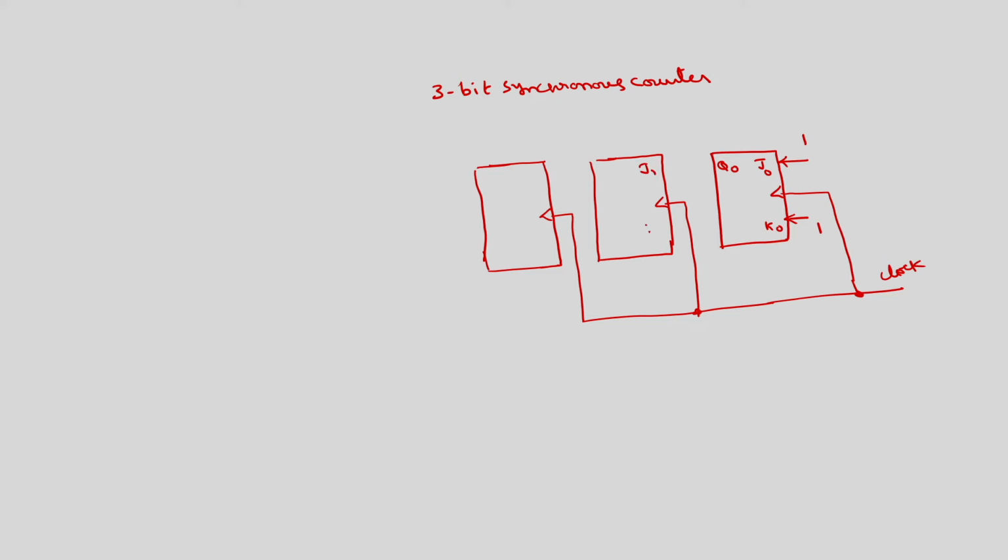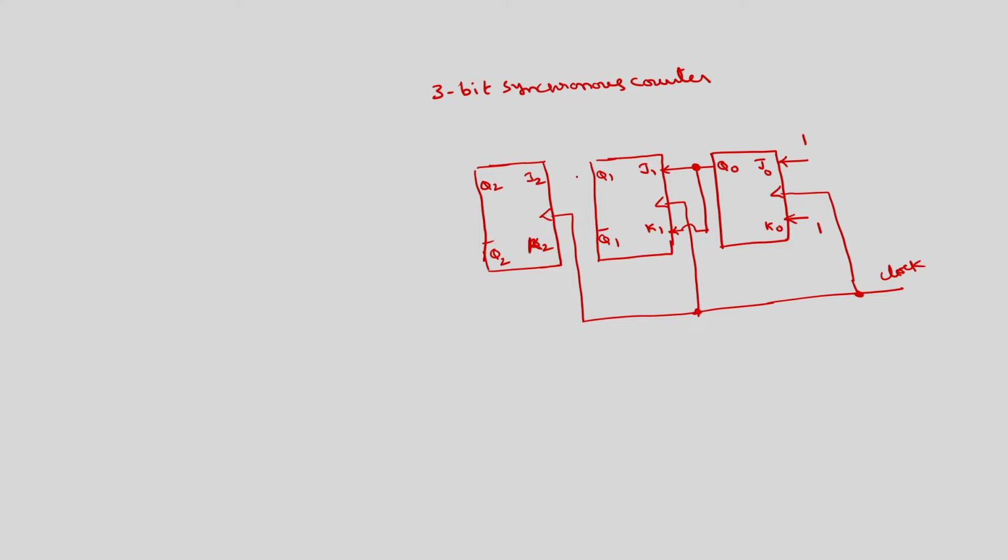And J1 K1 is nothing but Q0, the same Q0 is applied here also. And J2 K2: this is Q1, and Q0.